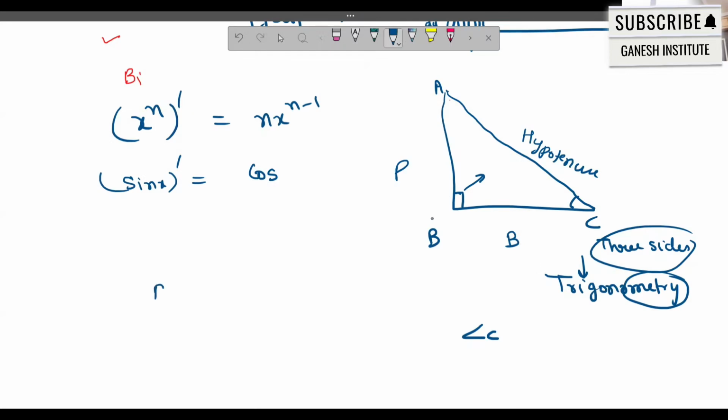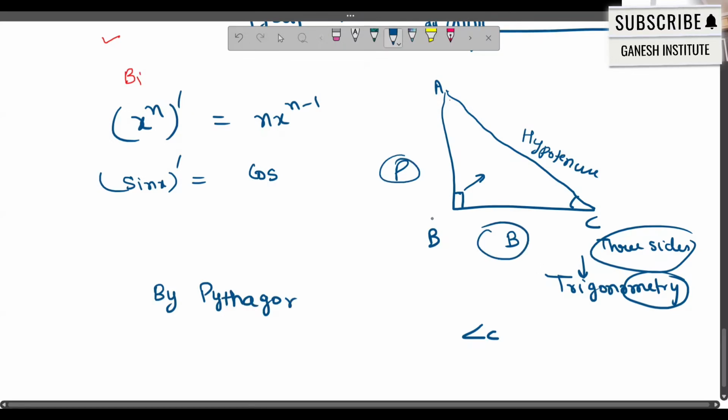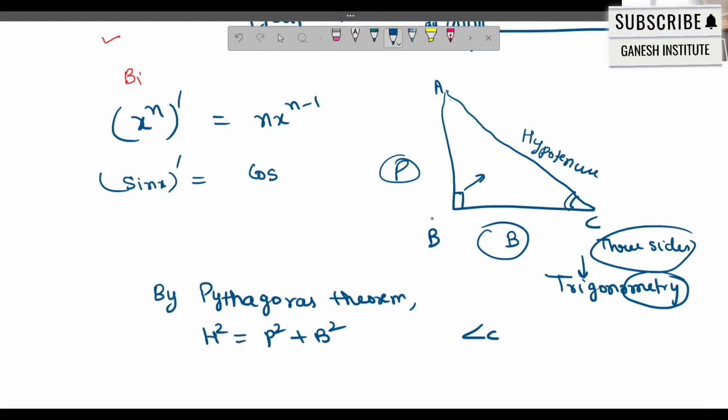When we used Pythagoras theorem, we could consider any one of these two as perpendicular or base. Basically, hypotenuse square equals perpendicular square plus base square. But when an angle is given to you, it is very important that the perpendicular can only be that which is opposite to the angle.